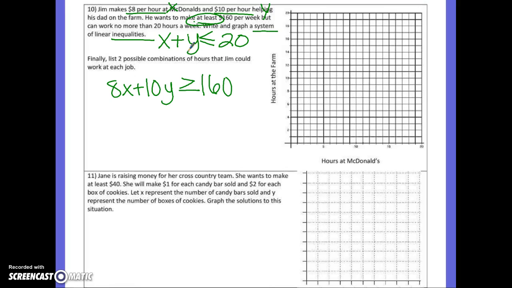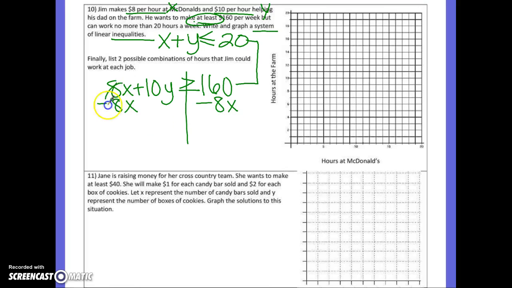And then because we want to graph this, because it says write and graph, well, here we wrote it out, so that's part of our answer. And now we're going to graph. I want to graph, so solve for y, just like on the front side.